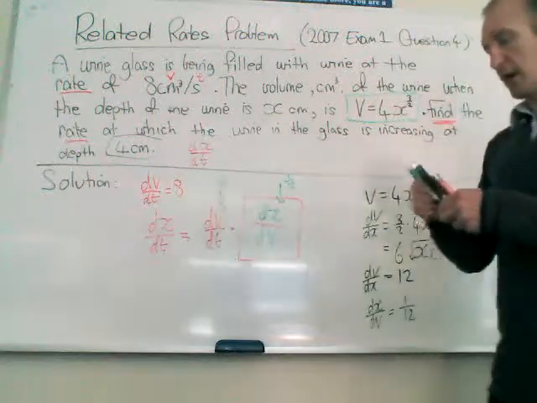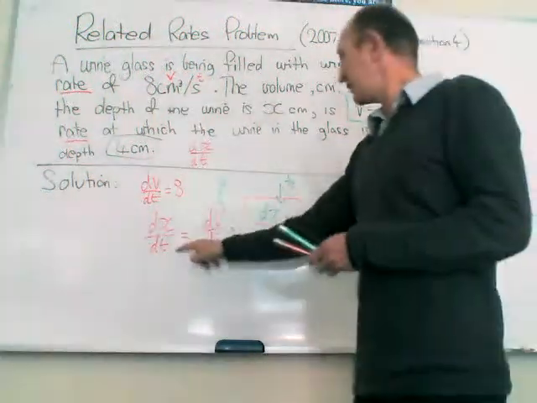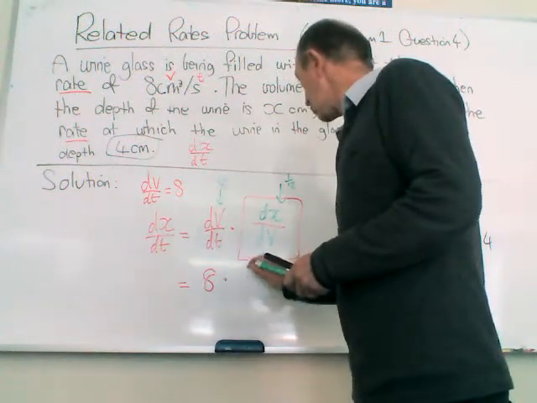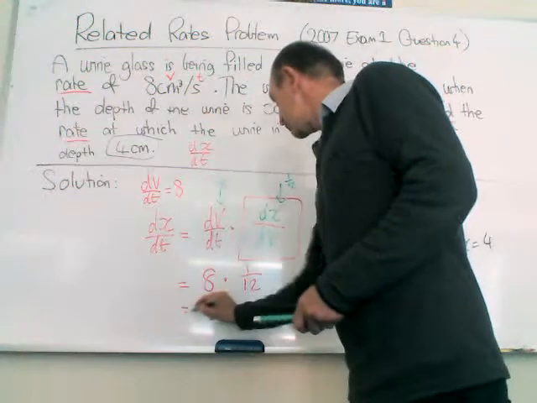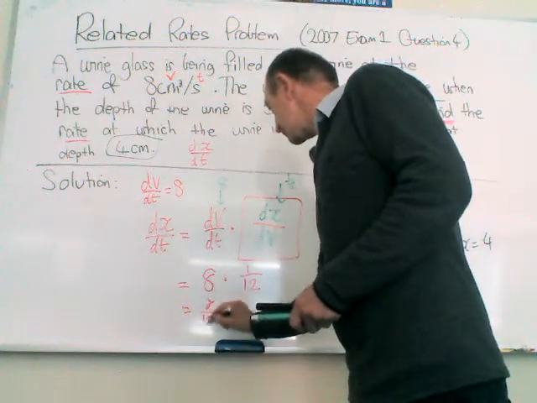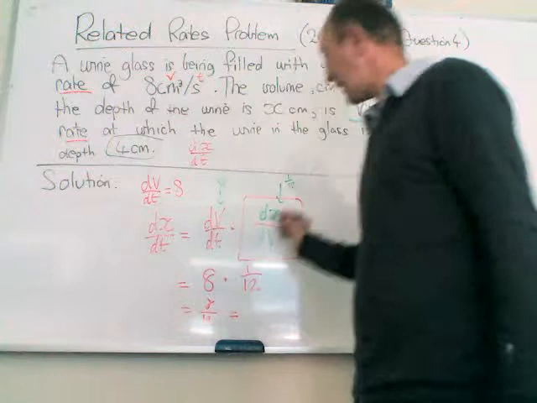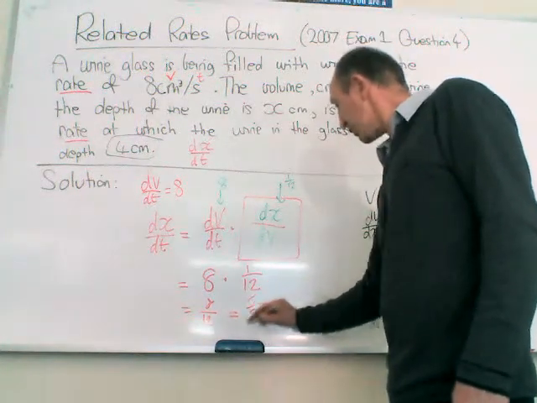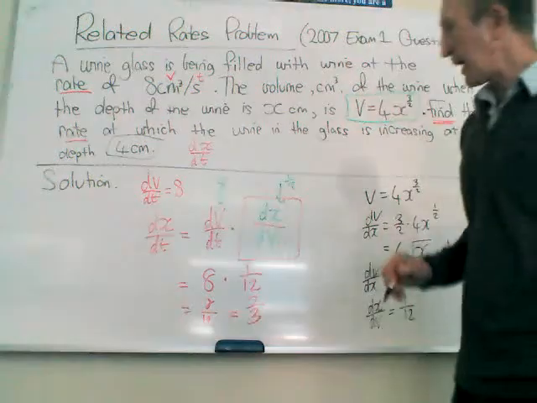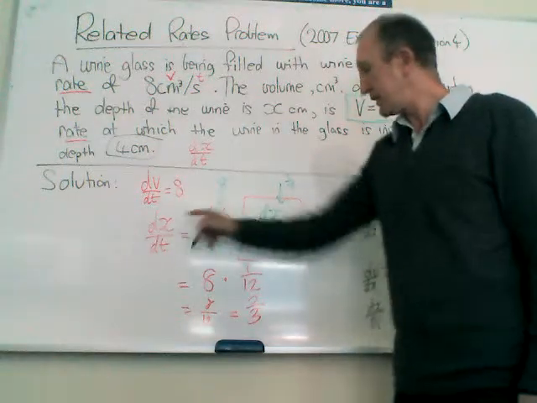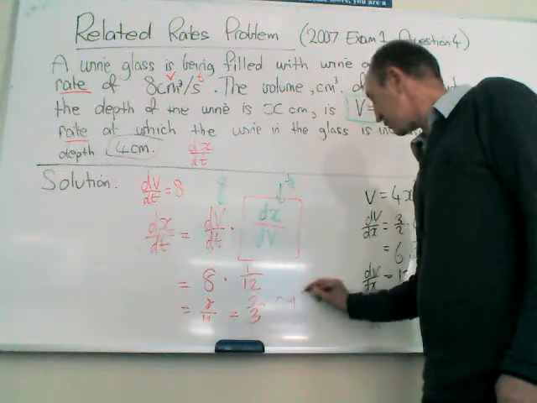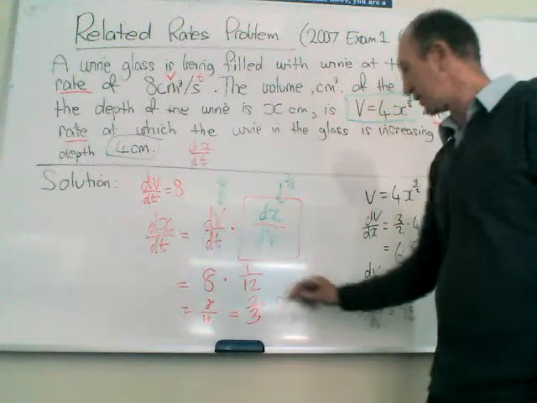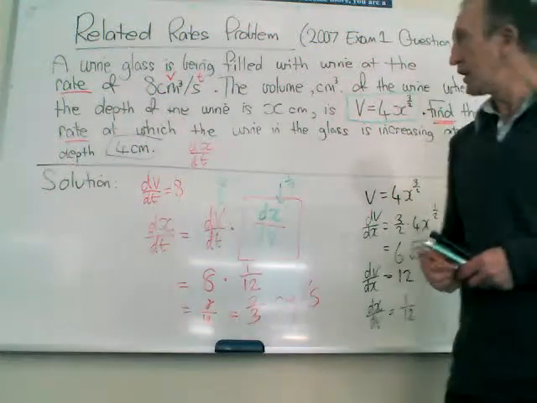Let's rewrite our equation. dx/dt equals 8 times 1 on 12 equals 8 on 12 equals, 4 is a common factor, 2 on 3. We're looking at depth, depth is in centimetres, per, we're looking at time, seconds. Centimetres per second. 2 on 3 centimetres per second.